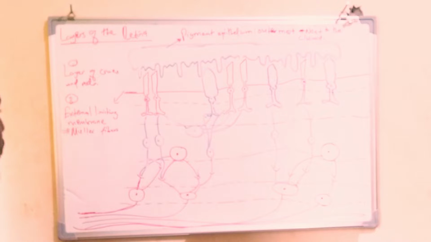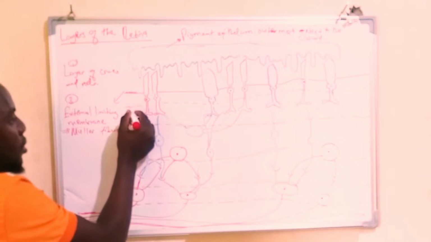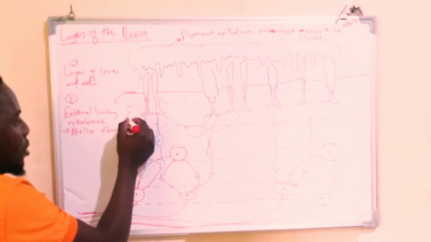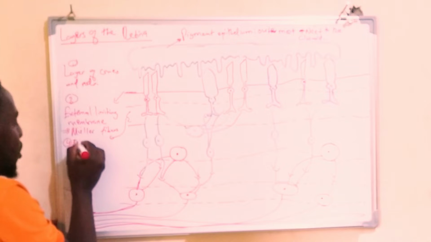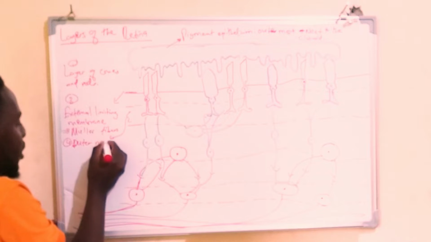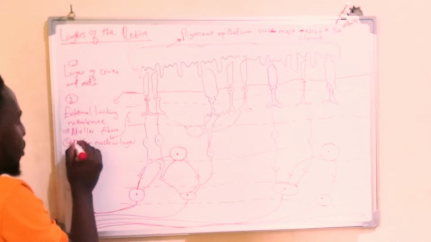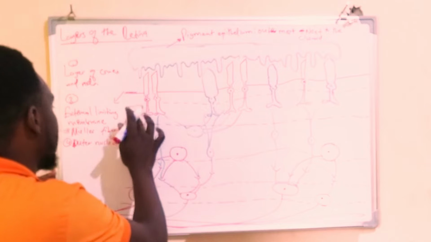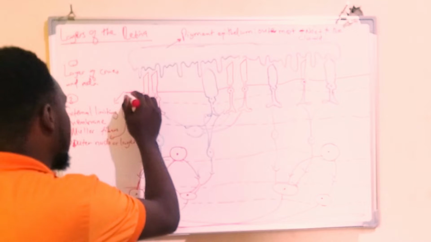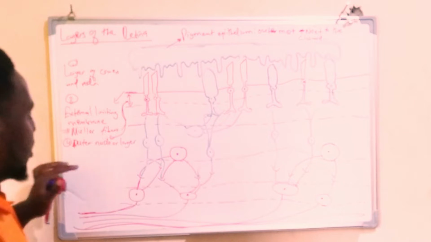Then the fourth layer is the outer nuclear layer. Not this part here, but this one here. This part here is the outer nuclear layer.